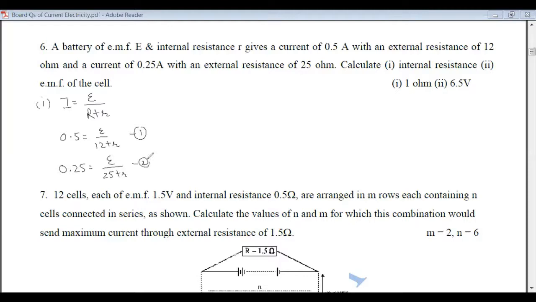So these are the two equations. On simplifying these two equations, we get the internal resistance to be 1 ohm. Now in order to get EMF, you can substitute r equal to 1 ohm in any one of the equations. So you will get the EMF to be 6.5 volt.